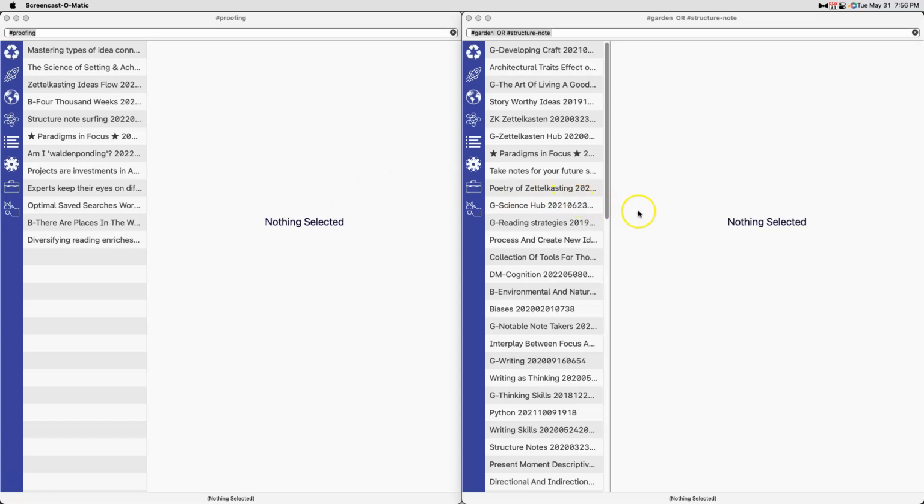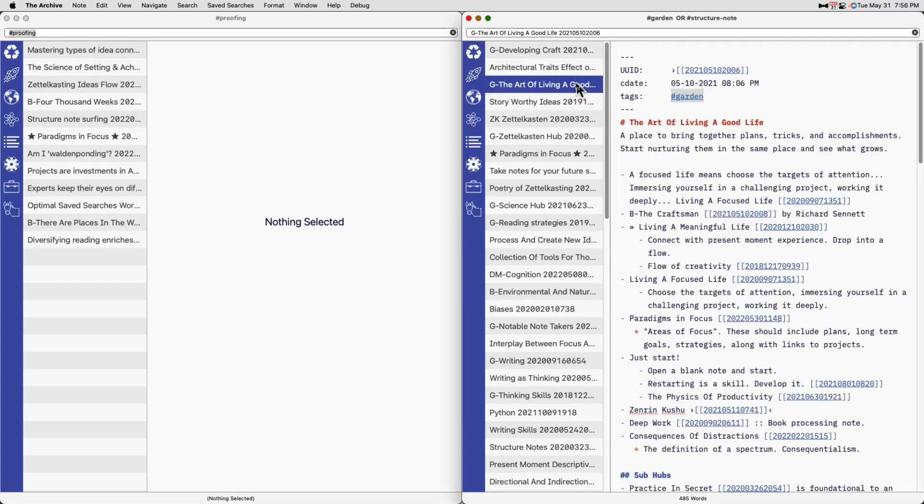On the right is a list of structure notes, and we're going to start off by looking at this particular structure note. And I want to define the way I view structure notes. First and foremost, a structure note is just another note.